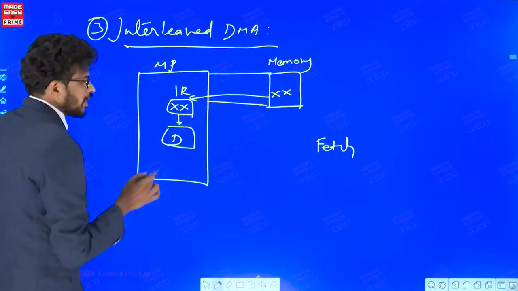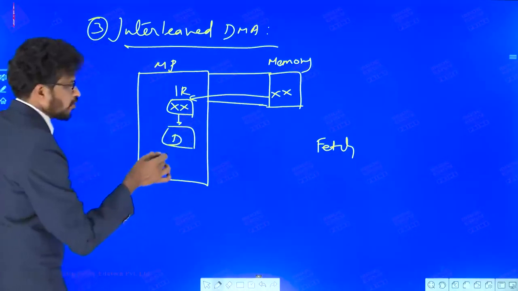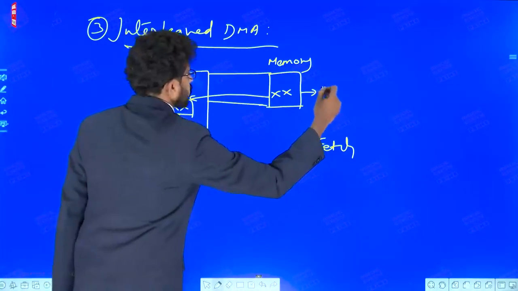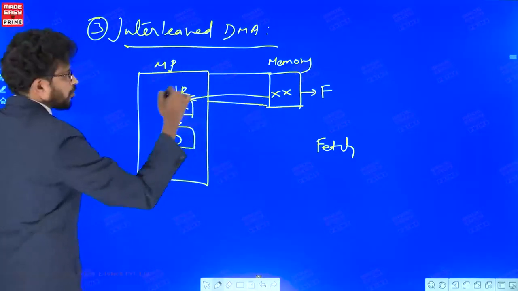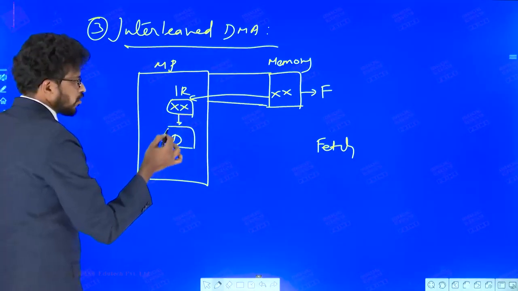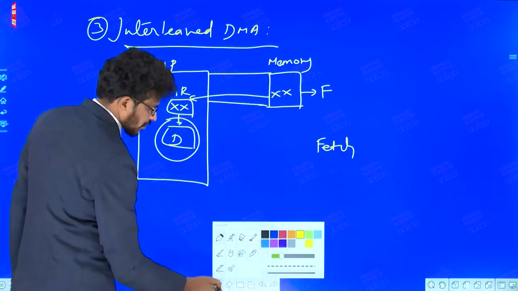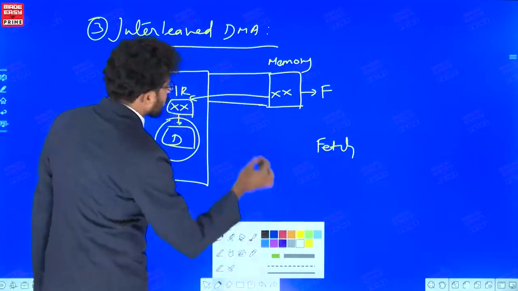Now tell me, during this period of decoding, it is happening inside the processor. Once opcode is fetched, during the decoding process, is there any purpose of the bus? Is there any requirement of this bus?